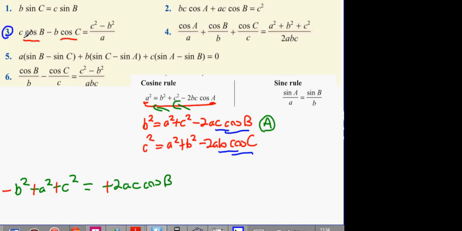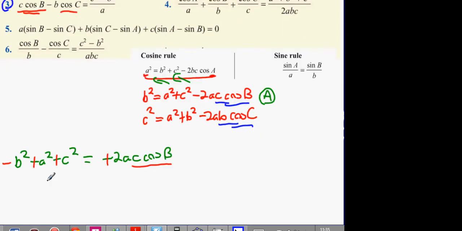Alright, this question is specifically telling me I'm looking to find C cos B. Do you got it? So I'm going to leave the C cos B on the right and move everything over to the left. So what I'm going to have left is minus B squared plus A squared plus C squared all over 2A equals C cos B.